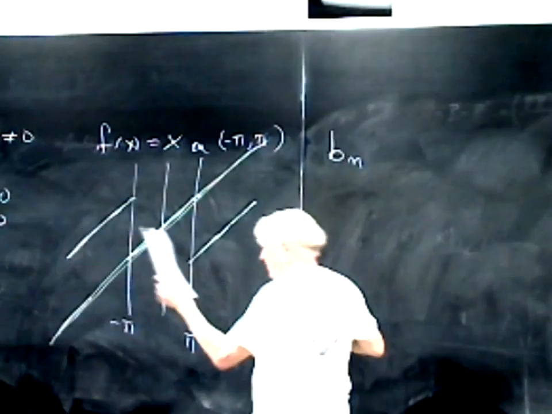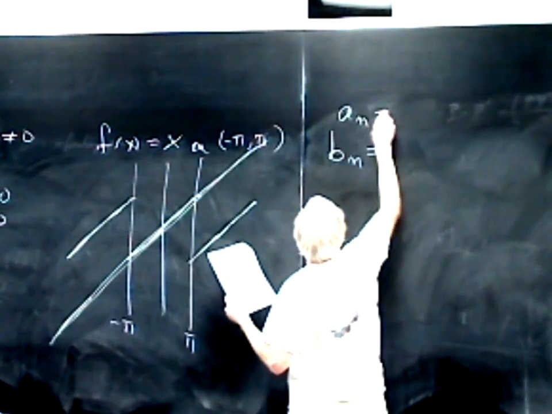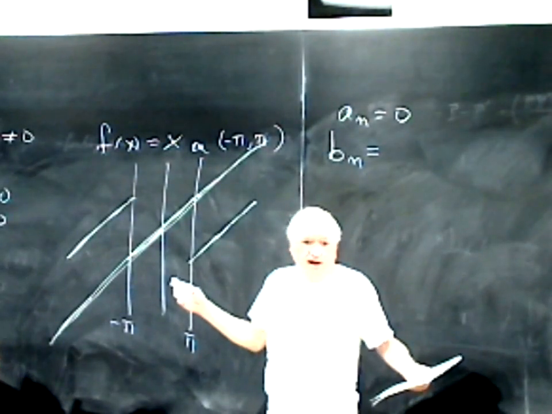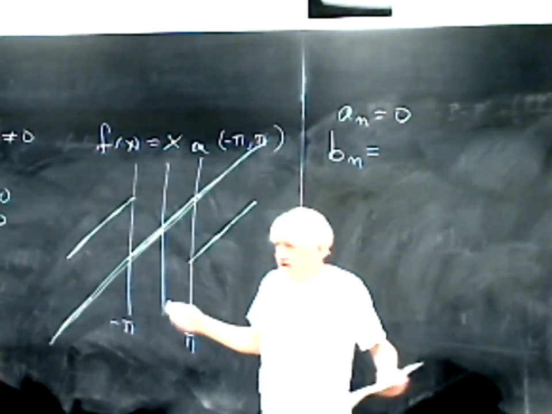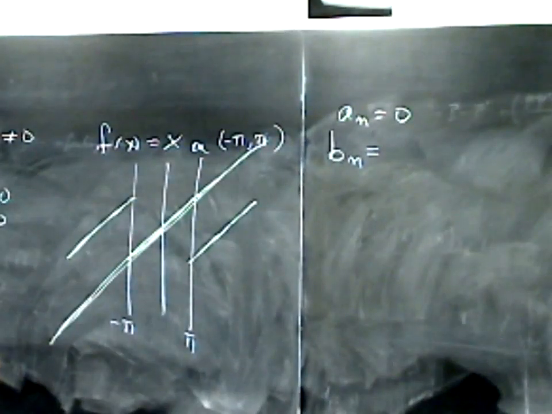I'm using those formulas over there, then b sub n. First of all, a sub n is equal to 0. Why? It's an odd function, and so the a_n would be the integral of an odd function times an even function on an interval that's symmetric about 0.